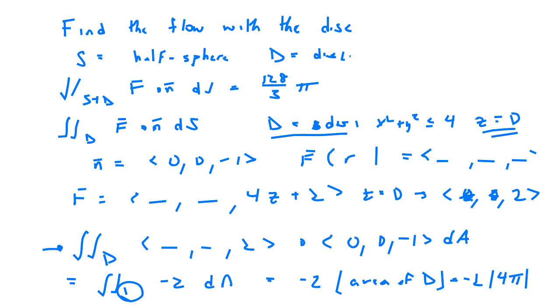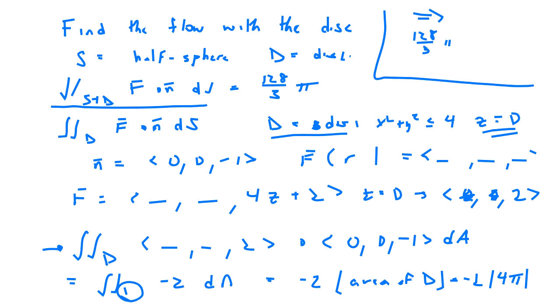So, since this, I can fill this up here, so the sum of the two is 128.3 pi. And that's equal to the integral over S, which is what I really want, plus the integral over D. The integral over S is equal to the integral over the sum minus the integral over the disk.